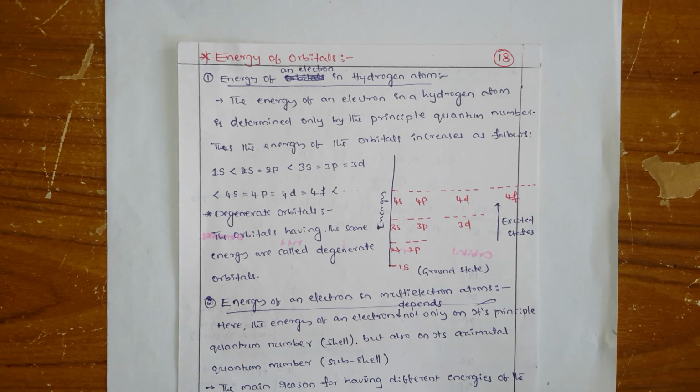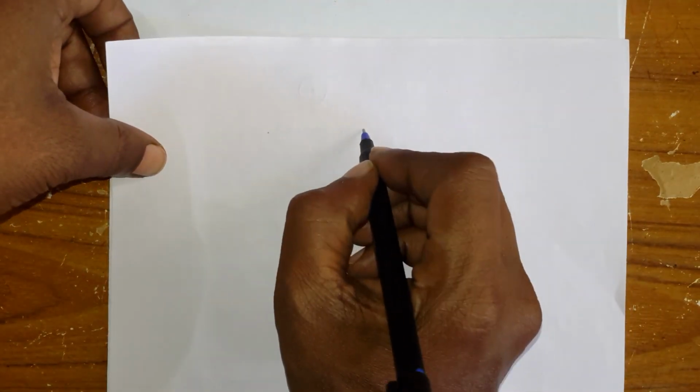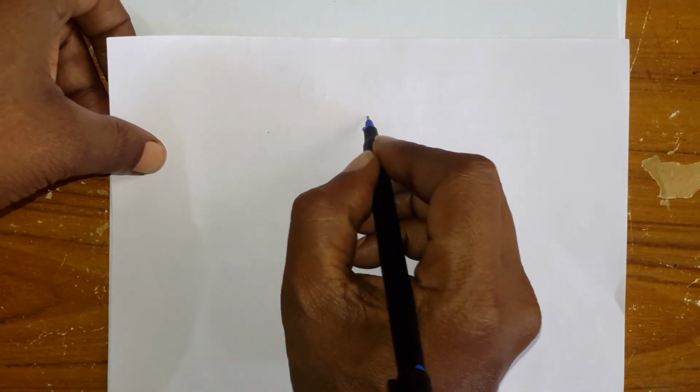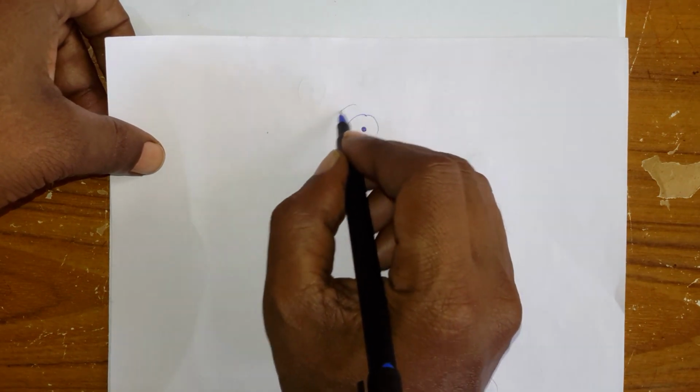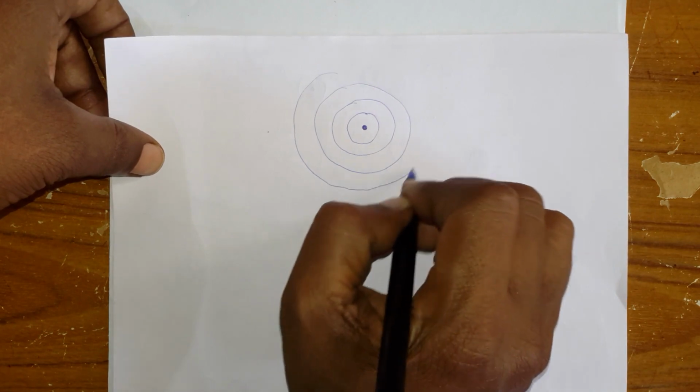You learned in Bohr's theory that for every shell there is an energy. Suppose this is a nucleus and around it there are some shells, and totally it is an atom.